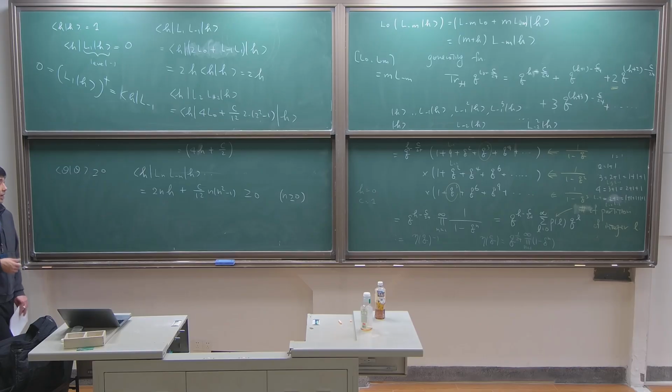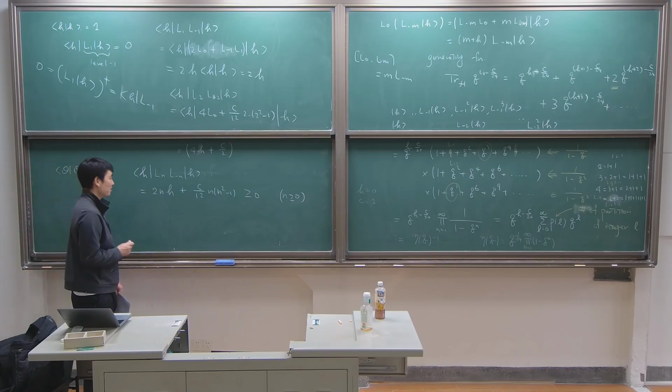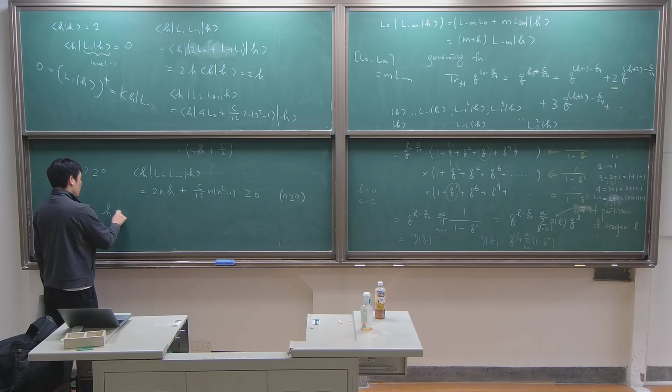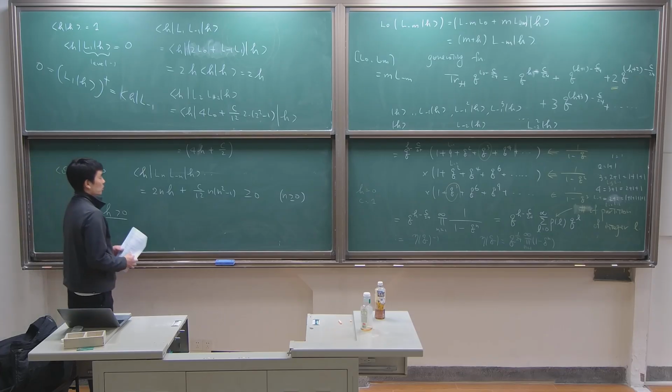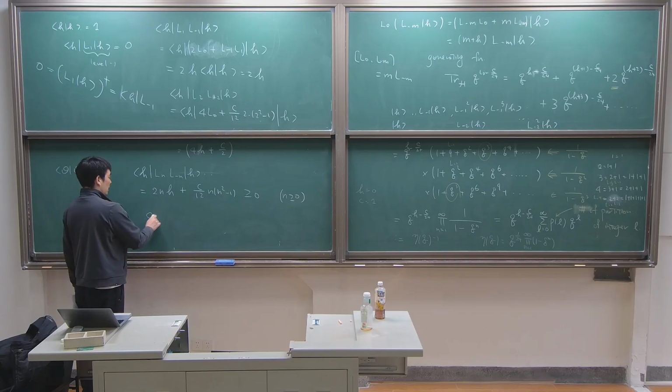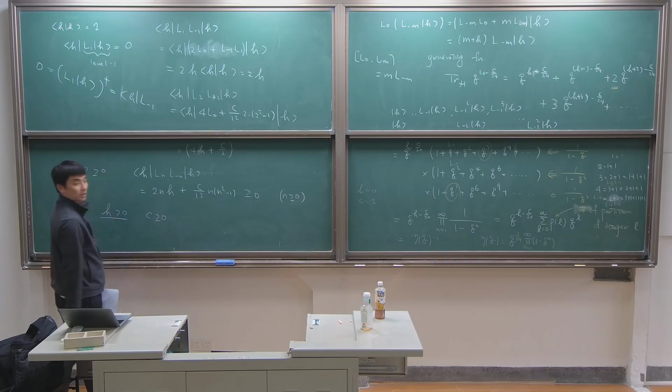So this means that to get this one, first of all, H has to be positive, that's for sure. Otherwise, it doesn't make sense. H has to be positive, and also C has to be positive or non-negative.